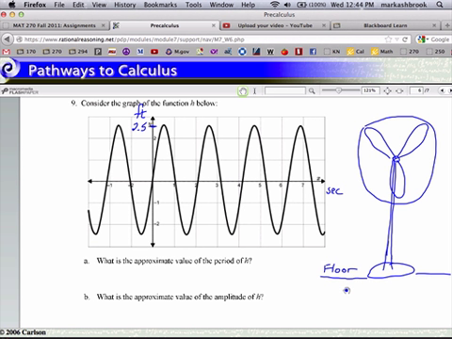Well, I didn't tell you it was from the floor. I said, here's the graph. What quantity relative to the fan is that graph displaying? Horizontal distance or vertical distance?